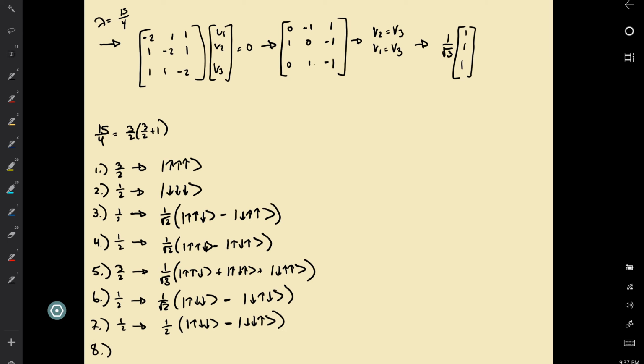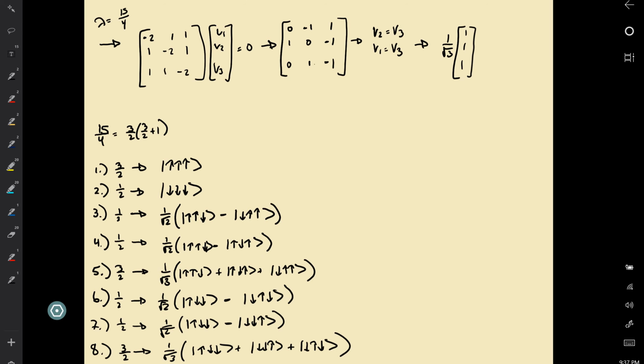And then last but not least, you have 3/2 again, and that is 1 over root 3. Sorry, this was a root there too. That's going to be all of them. So up, down, down, plus down, down, up, plus down, up, down.